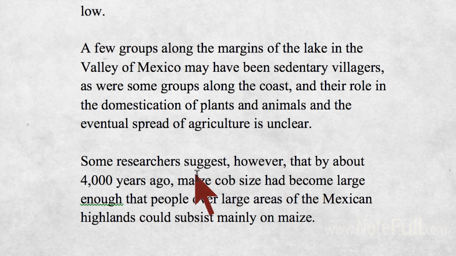Some researchers suggest, okay, no development, however, that by about 4,000 years ago, okay, it's our key word, kind of like 9,000 to 4,000 years ago, maize cob size, maybe you don't know what maize is or cob, but you see, okay, something size, had become large enough.